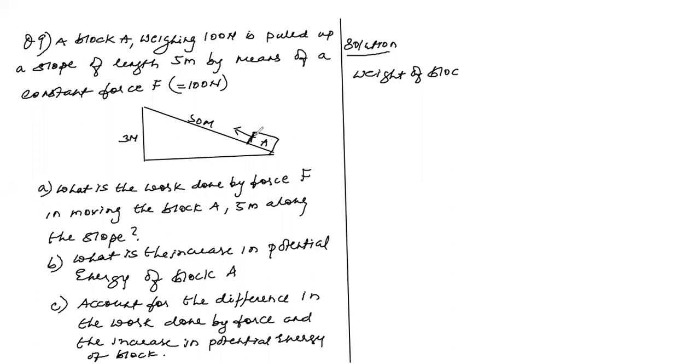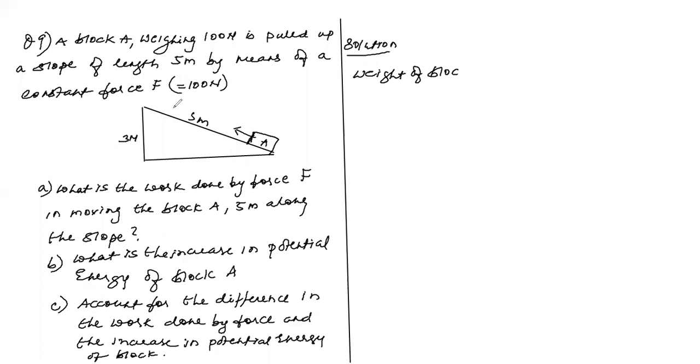A block A, one can see a block A weighing 100 Newton. What is the weight of this? 100 Newton. It is pulled up along the slope by a length of 5 meters. Oh, by mistake I wrote 550. It should be 5 meters, okay, 5 meters.